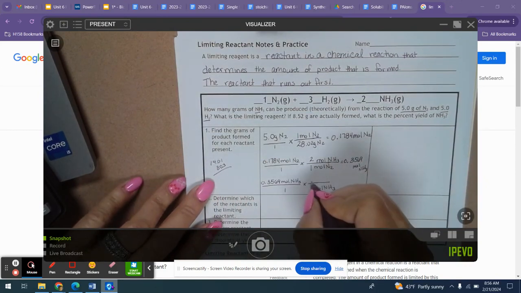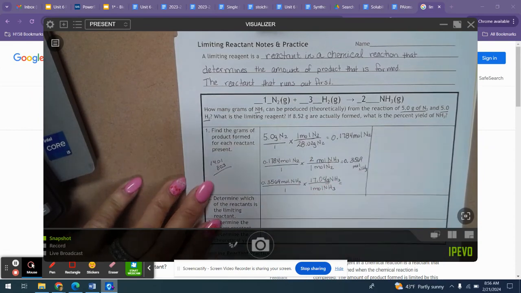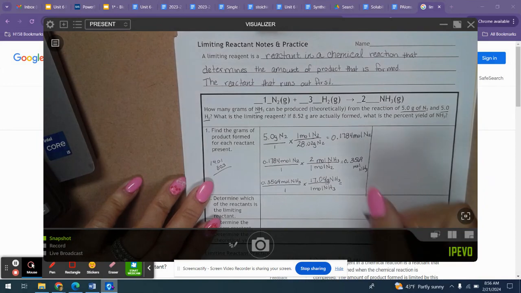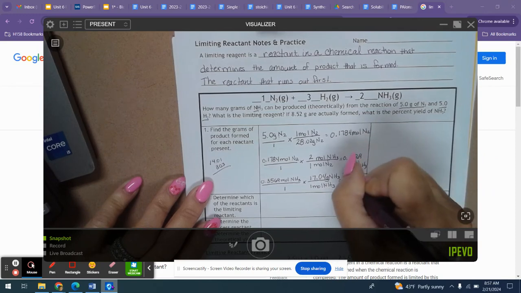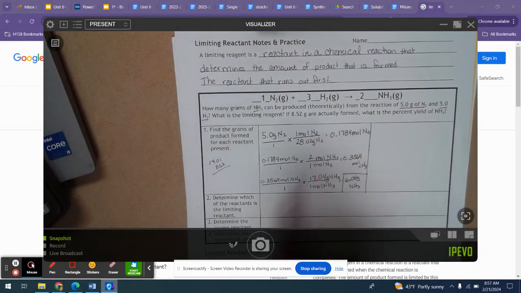The molar mass of NH3 is 17.04 grams. I plug that into my calculator, and I get 6.08 grams of NH3. This is the number of grams of NH3 that can be made if I use up all of my nitrogen.